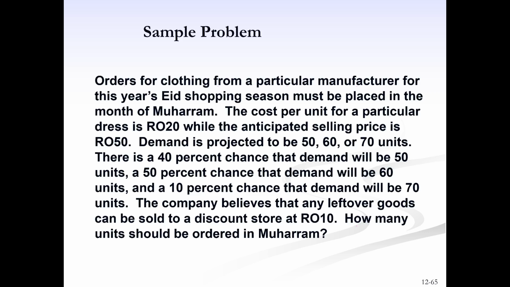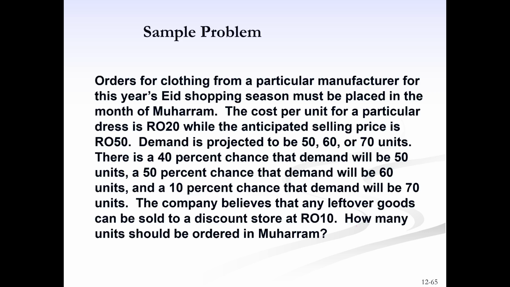Now, if you see, this problem is a little tricky, in that we find the demand and its probabilities. So we find the states of nature, but we don't know the alternatives. In fact, if you look at that, the alternatives are in our hand. The difference between a state of nature and an alternative is that the state of nature is not in our hand, whereas the alternatives are in our hand.